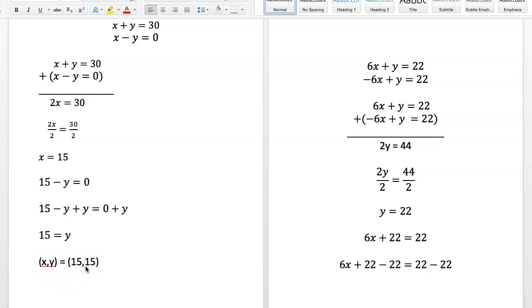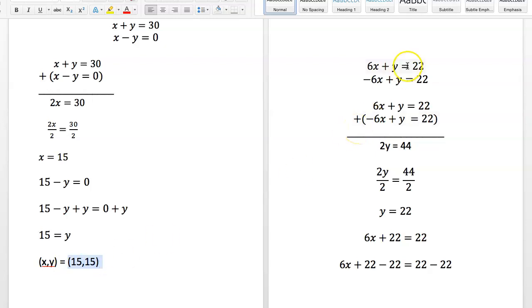The point (15, 15) lies on the line y equals x, I should say, much more accurately.